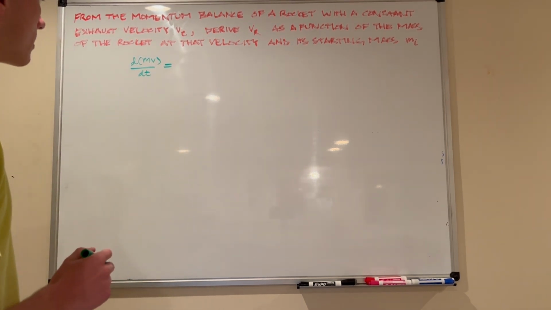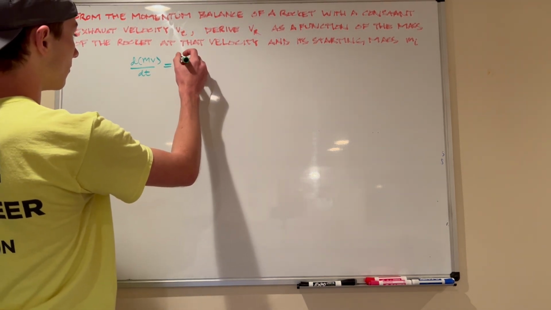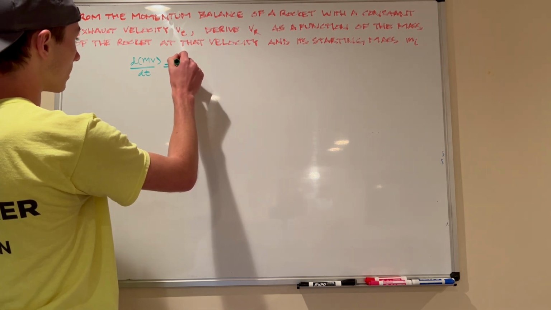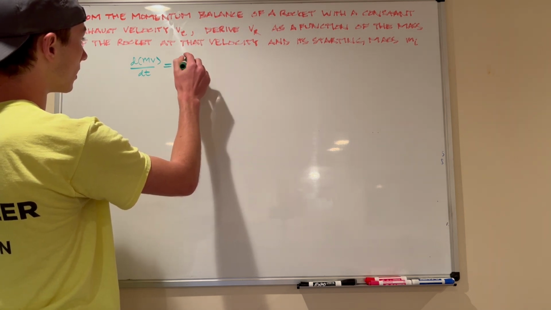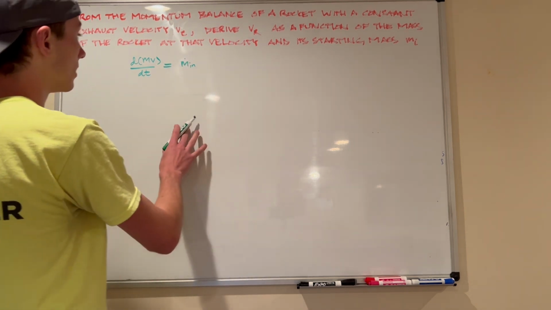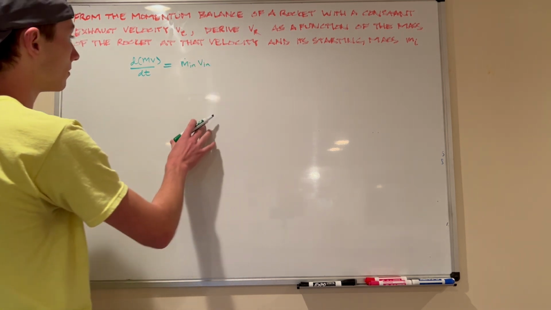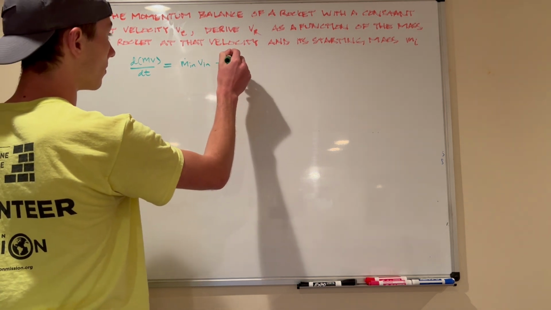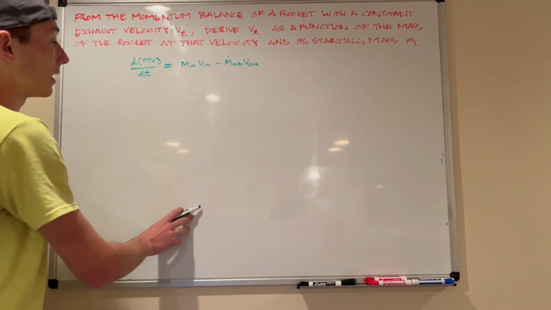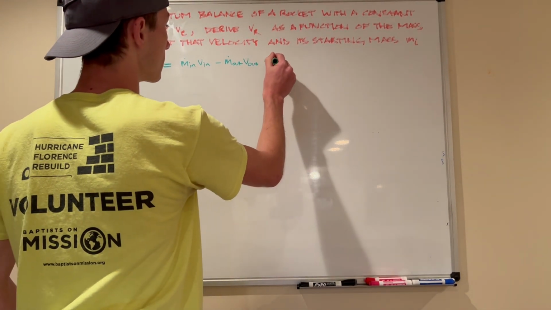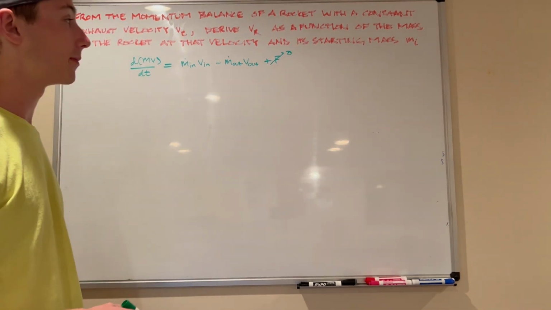And that simply is equal to the mass flow in times the velocity in minus the mass flow out times the velocity out. And then we also have to account for any other forces on our system, but in this case, it's 0. We're going to assume that the rocket is outside of Earth's atmosphere.